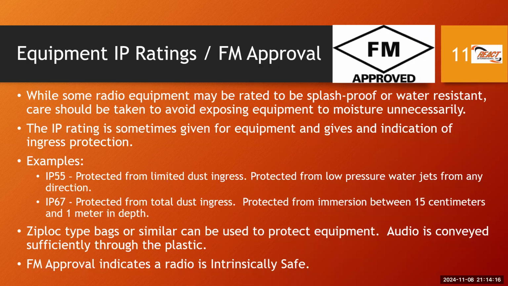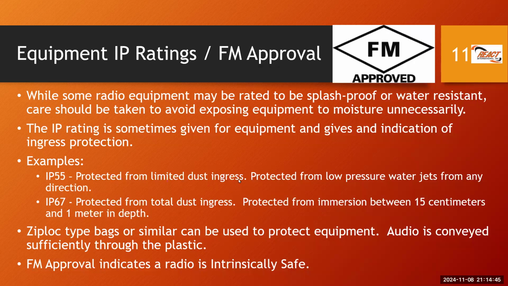IP rating. So you may see radios, phones, or any type of electronic equipment that you may be using with an IP rating. To interpret it, the slide that comes after gives you an idea how. But we have some examples here. IP55: limited dust ingress, meaning it will provide some amount of dust protection.